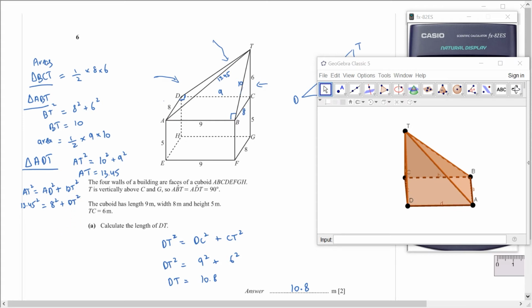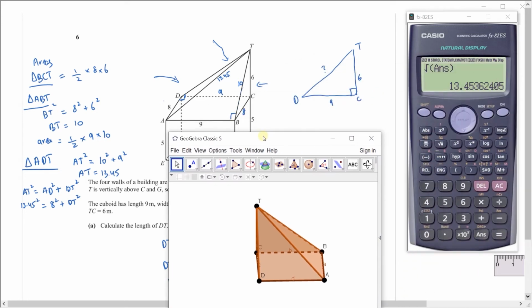It will be 13.45 square minus 8 square, which is 64, and then square root of this. So this is 10.8. So this gives me DT equals 10.8. And now I can easily calculate the area. It will be 1 by 2 into this base AD, which is 8, into this height DT, 10.8.